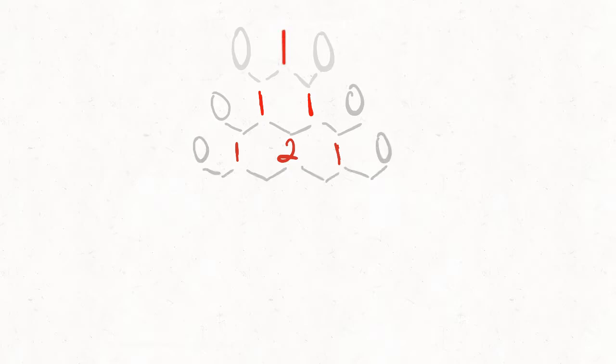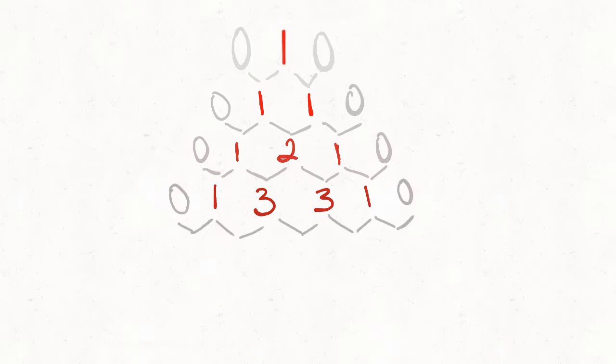But then when we go to the next level, we do 0 plus 1 is 1, 1 plus 1 is 2, 1 plus 0 is 1, and now we start the next level. So we go 0 plus 1 is 1, 1 plus 2 is 3, 2 plus 1 is 3, 1 plus 0 is 1.